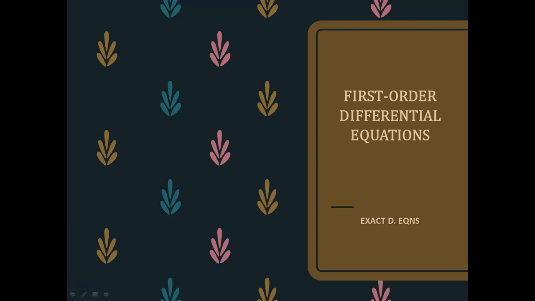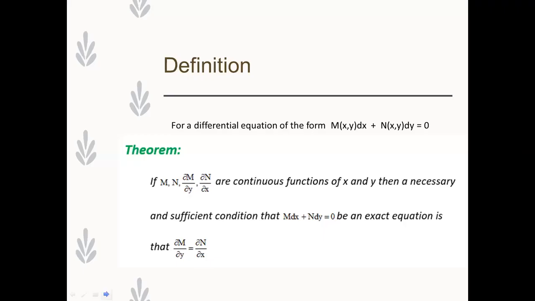So let's go to the first slide. Now, let's say your differential equation is of this form in which you have the differentials of x and y, and it has coefficients which have a mix of variables x and y, or could also be solely in terms of one particular variable, either x only or y only.